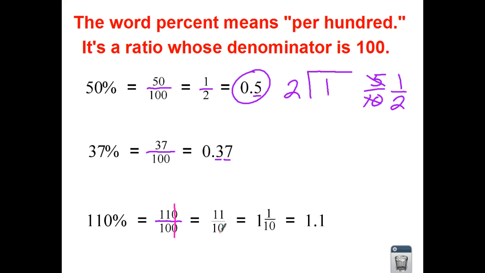Simplifying that even further, we know that it's improper. An improper fraction means we take the top number, we divide it by the bottom, and we end up with 10 going into 11 one time, with 1 left over. The denominator stays the same. We have 1 1/10. And if we were just to read that as a decimal, we know that the 1 is in the 10th position, so we have 1 whole and 1/10 left over.